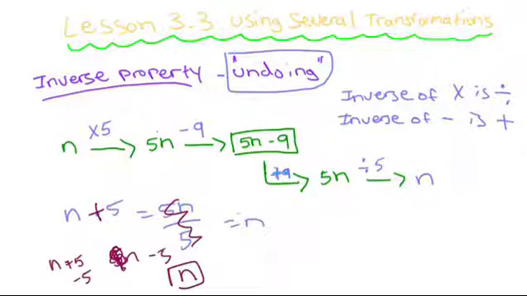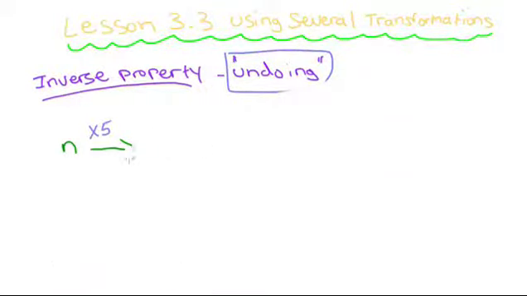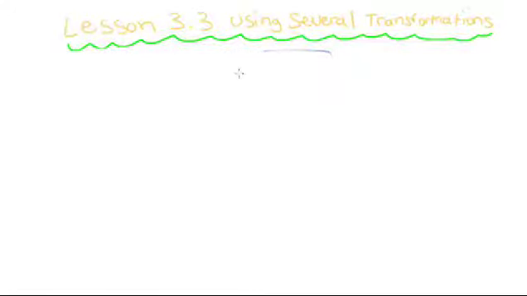We get it over again because we are undoing what we just did. So that is the inverse property. That's basically the new topic of the day. Let's do a few examples here.